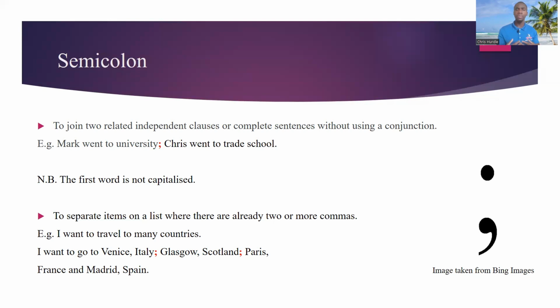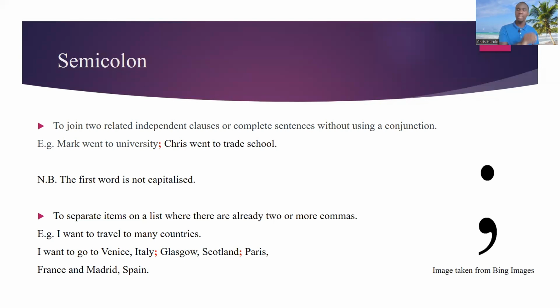So the semicolon is basically used to further separate items on a list that have already been separated by commas, but where the clarity is not at its best.